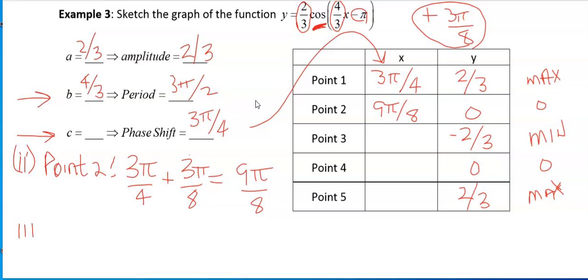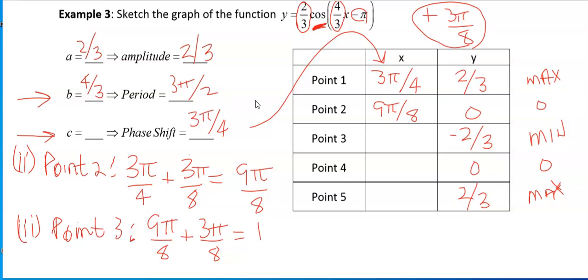Okay, number 3. Here's point number 3 now. Like I say, if you wanted to leave that with an 8 denominator, you go right ahead. So we've got 9 pi over 8 plus, remember we're adding on 3 pi over 8. So 9, 3, that's going to be 12 pi over 8.